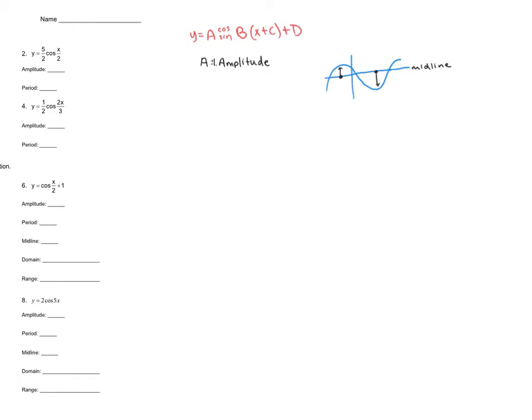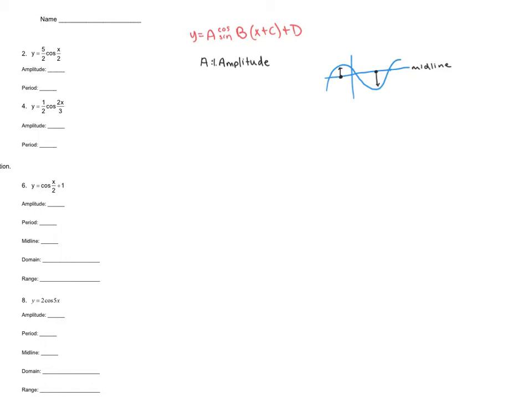No matter where you go on the graph, if you go to the max height and then trace that back down to the x-axis, that number is your amplitude. It's that distance between the max and the x-axis, or the x-axis and the lowest. So that is the amplitude.